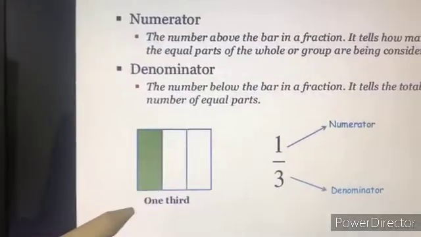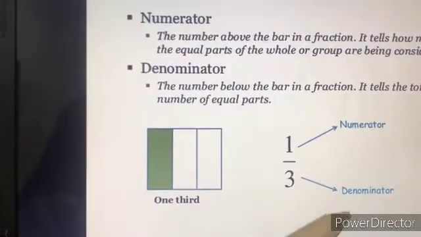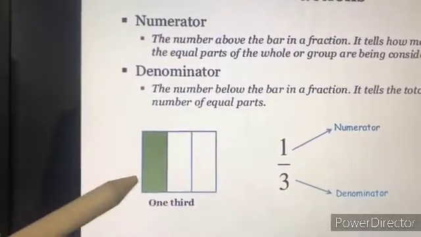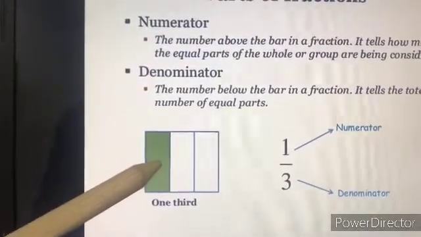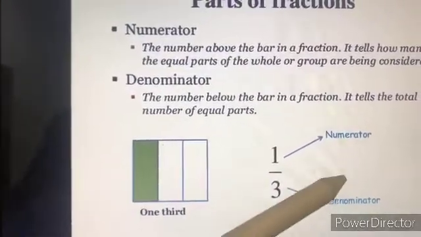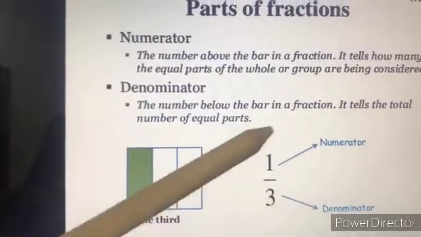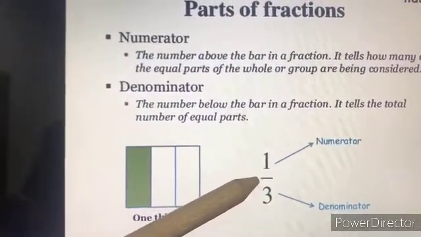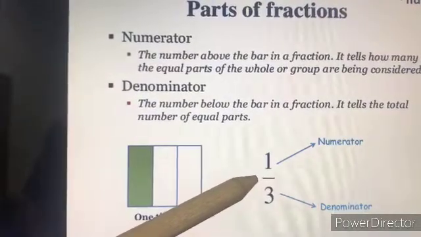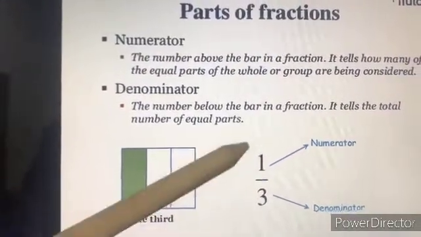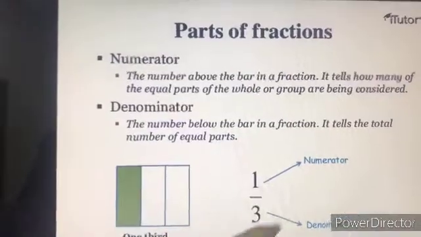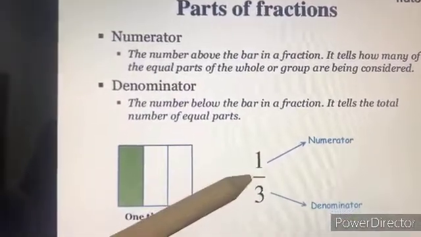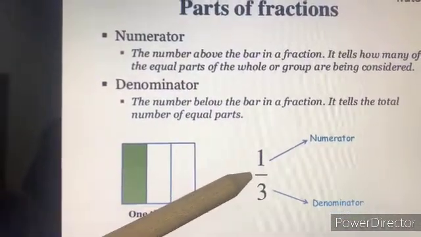So the total number of parts will be the denominator. And how many are shaded? Yes, 1. So it will be the numerator. And both of them will be divided by this little line that is also known as a slash. It's a fraction which is known as 1/3.